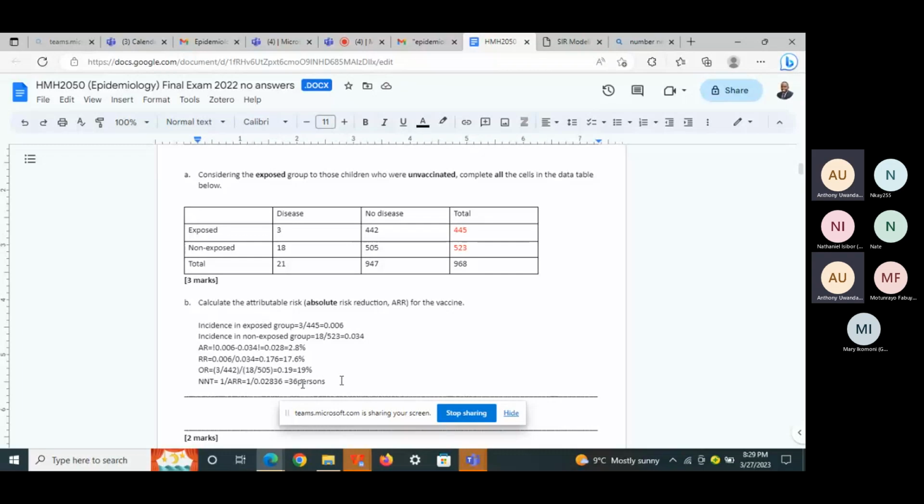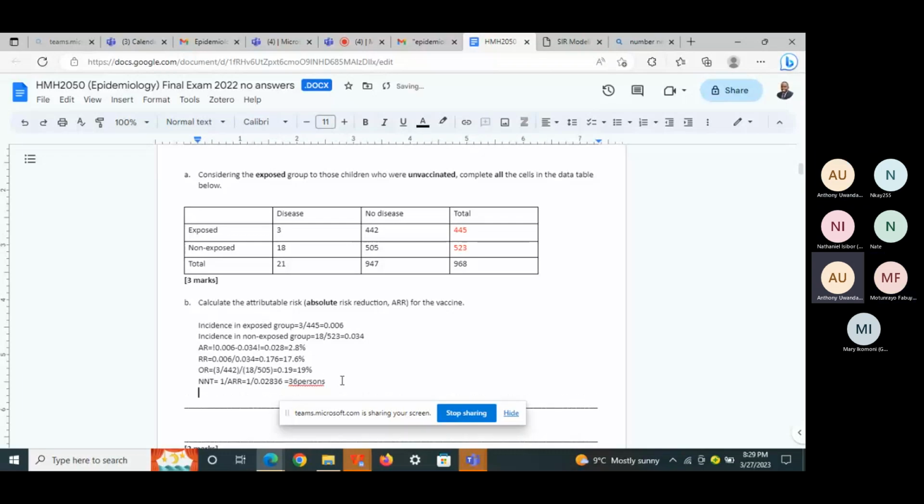Then another thing they can ask is what is the incidence? I think we did that the last time. What was the incidence of the disease totally for everybody, or the prevalence? Based on this table, incidence is equal to prevalence, just for the sake of this table only, unless they give us the total population. So I'm assuming that the total population is just 968.